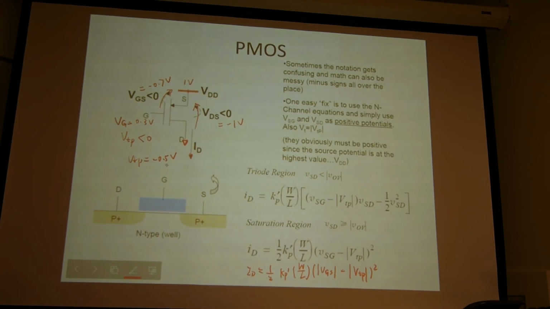So VTP is negative 0.5 volts. So everything is negative: VGS is negative, VDS is negative, and VTP is negative. But if you want to get the current, you can take the absolute values of those numbers and then plug into those equations here. Follow the same equation as NMOS if you take those absolute values.